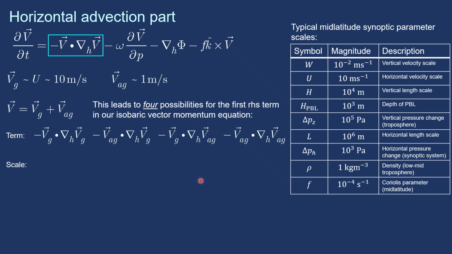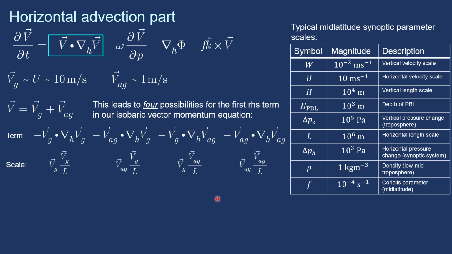For the first term, the scaling is a dot product, which is essentially multiplication. We have V sub G being multiplied by the horizontal gradient of V sub G, which is V sub G divided by the length scale. In the second term, we have V sub AG multiplied by the horizontal gradient of V sub G. In the third term, we have V sub G multiplied by the horizontal gradient of V sub AG.